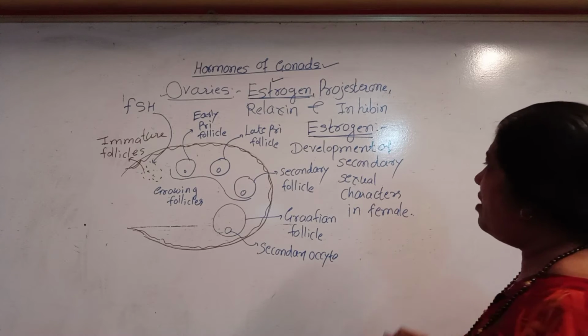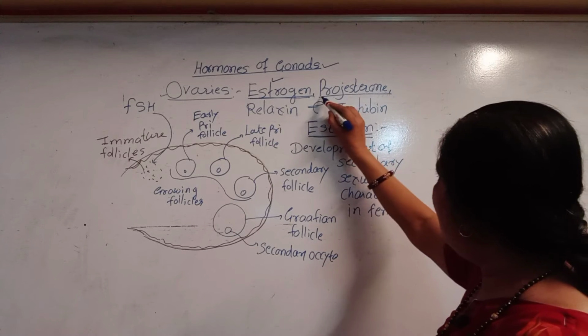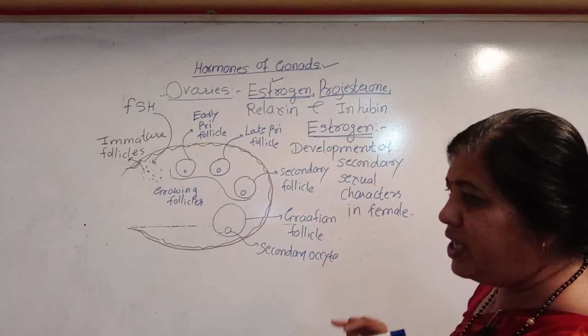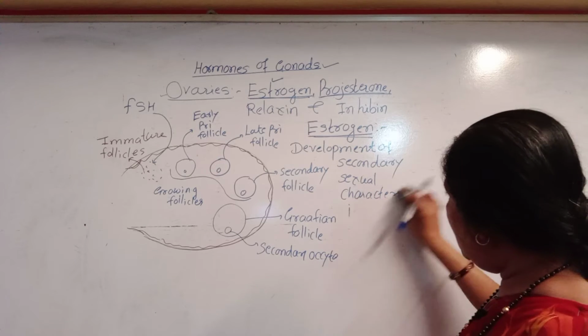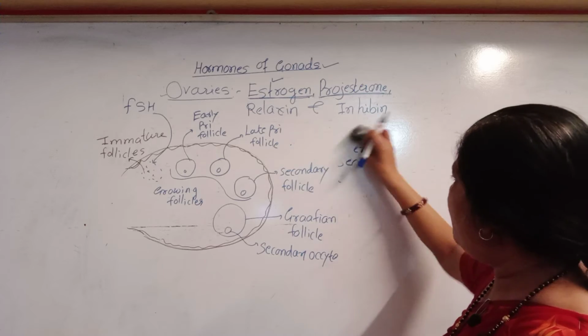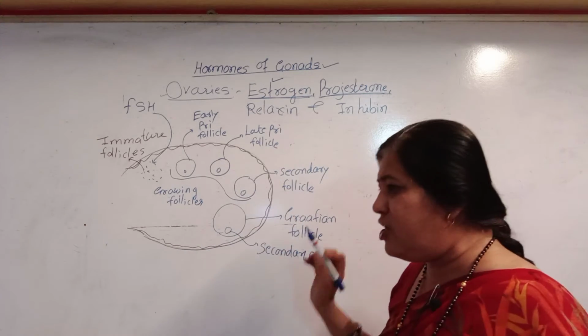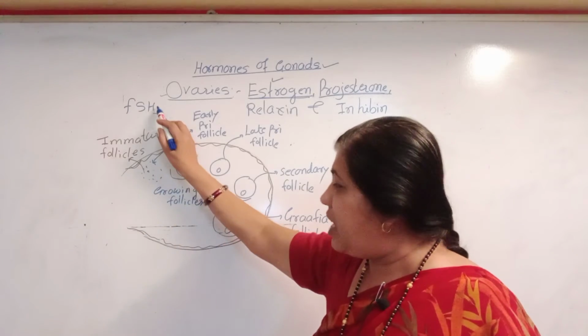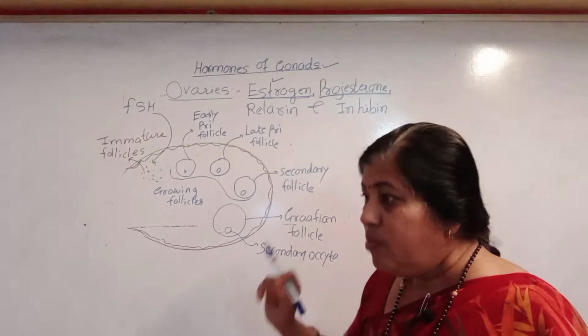Then the another hormone is progesterone. Another hormone which is secreted by ovary is progesterone. See, Graafian follicle is a mature follicle, and all these follicles are under the influence of which hormone? FSH, and FSH is secreted by anterior pituitary.